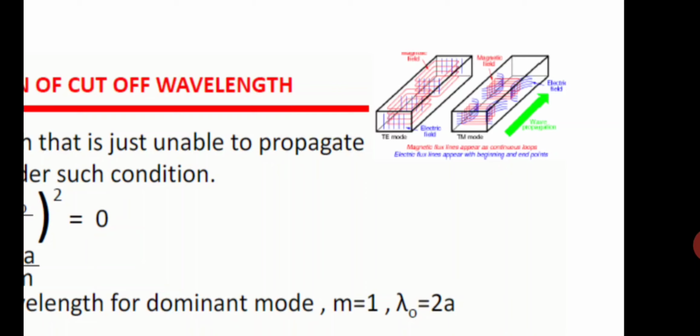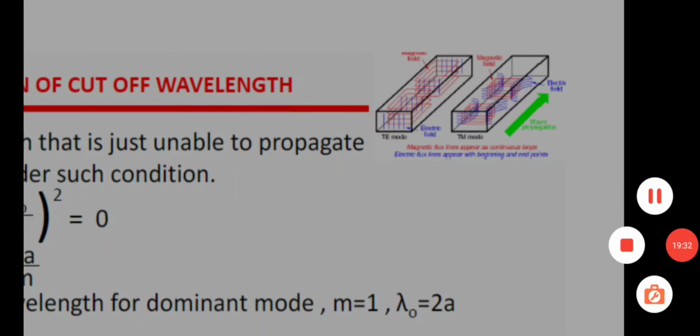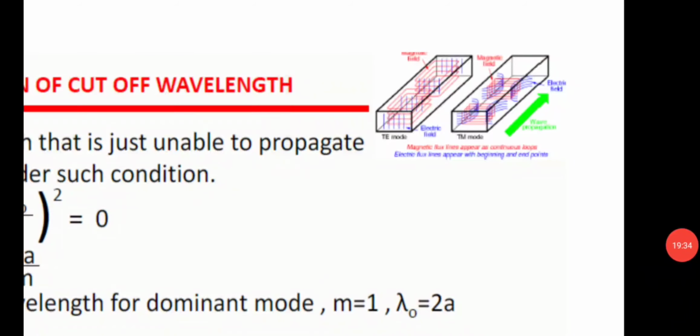A rectangular waveguide cannot propagate below a certain frequency. This frequency is called the cutoff frequency, and it operates in TM and TE mode, transverse magnetic and transverse electric mode. And we discussed what the cutoff frequency is and how we can calculate it.